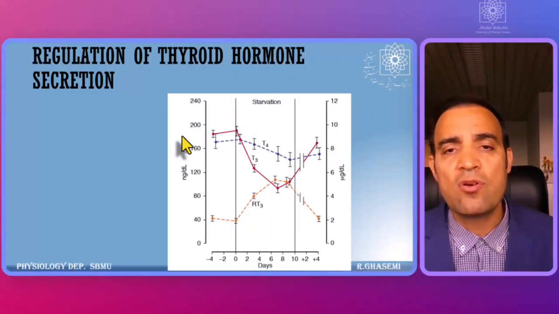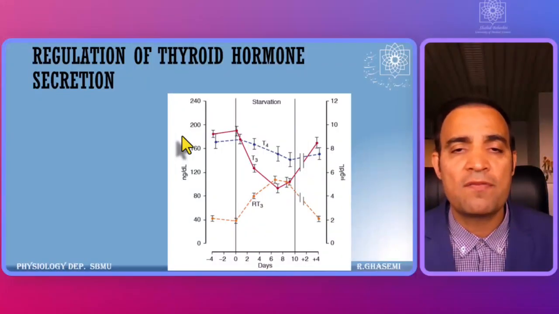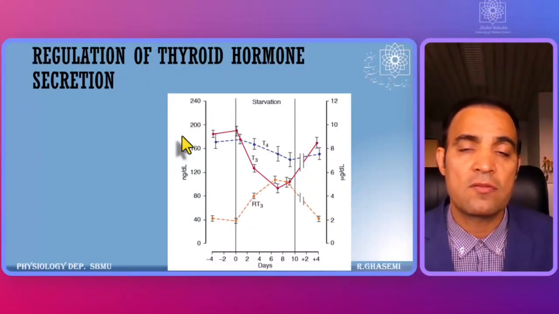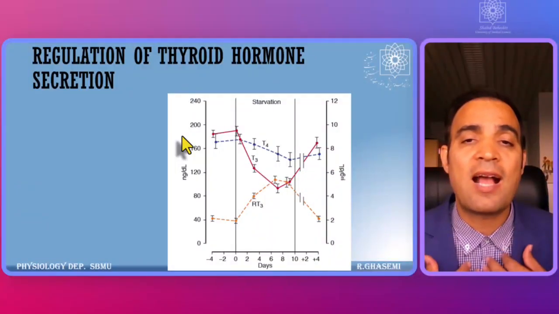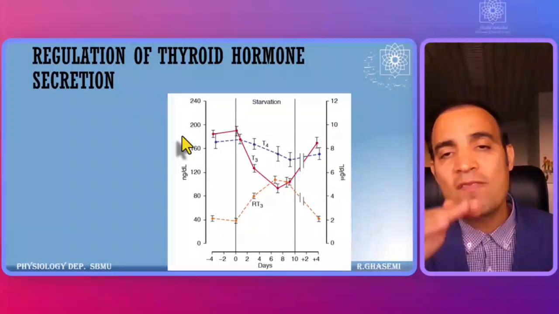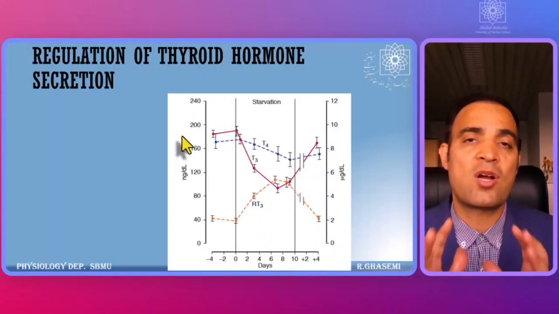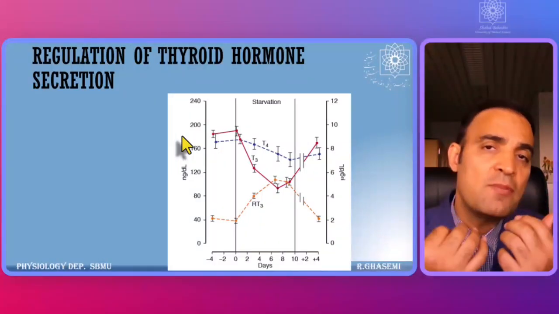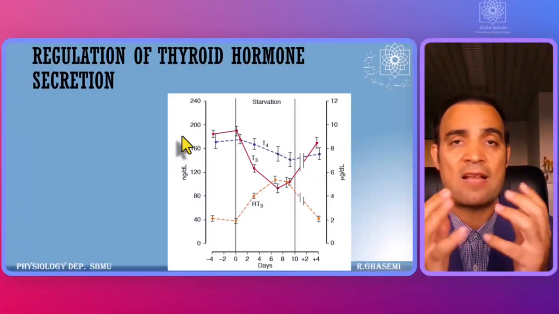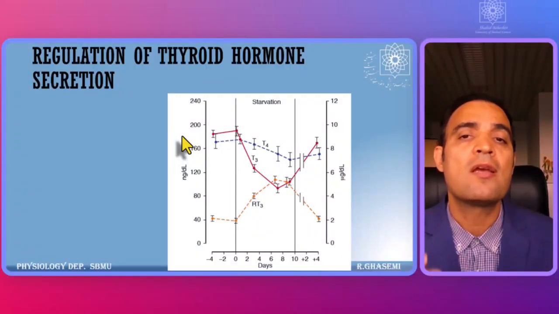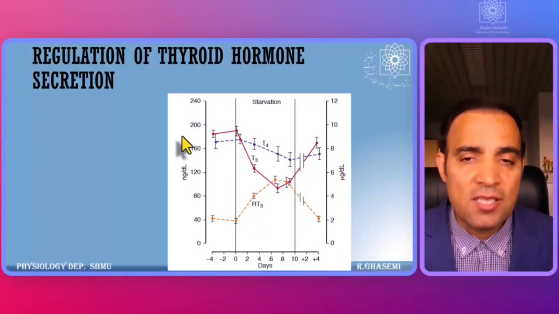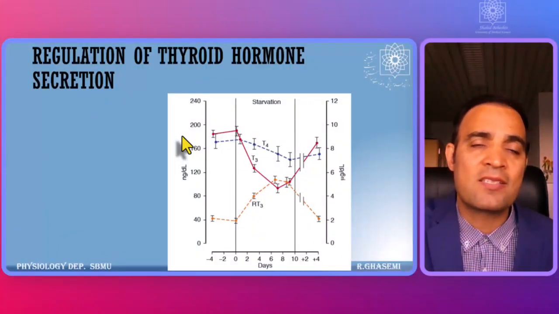This figure shows the effect of starvation. As you can see, when we are starved and have limited food intake and limited metabolic intake, T3 is decreasing and instead reverse T3 is increasing.